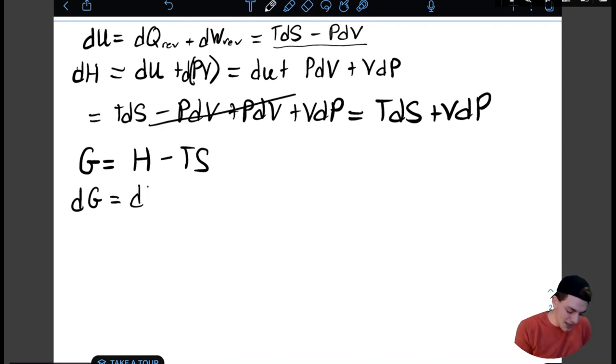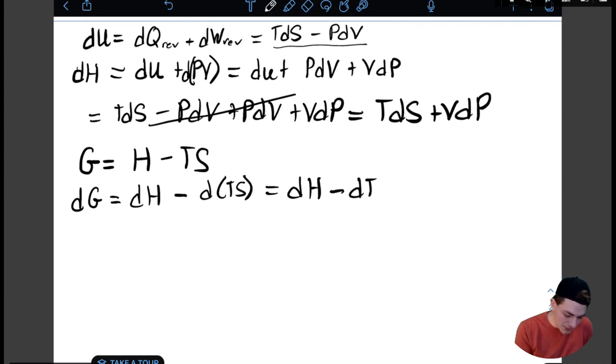We get dH minus d of TS, which again will be equal to, we're just doing product rule here, dH minus S dT minus T dS.